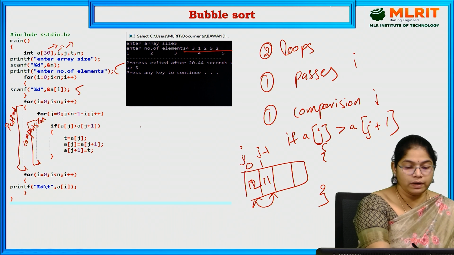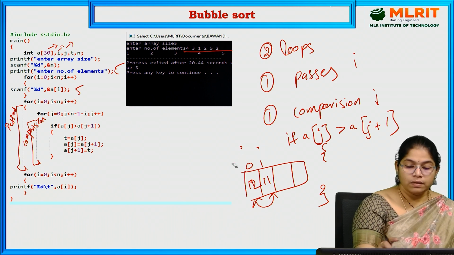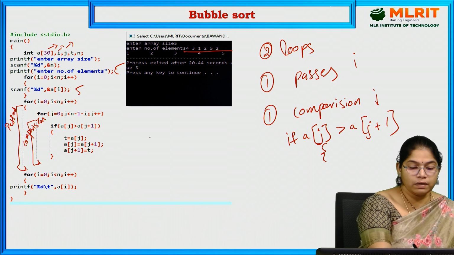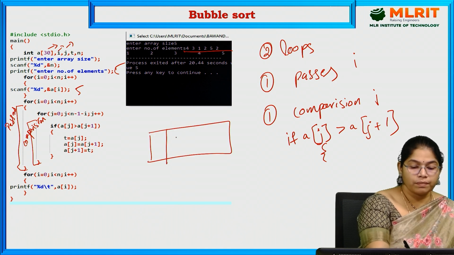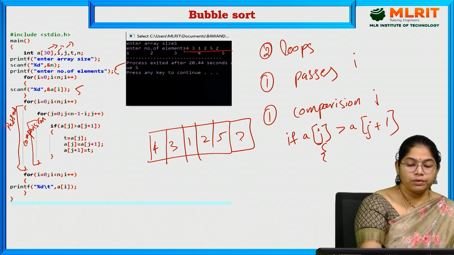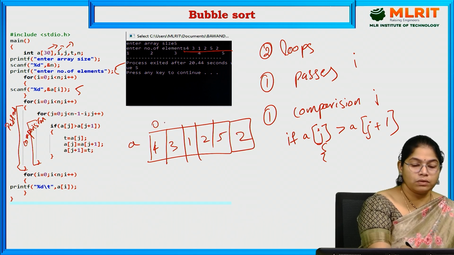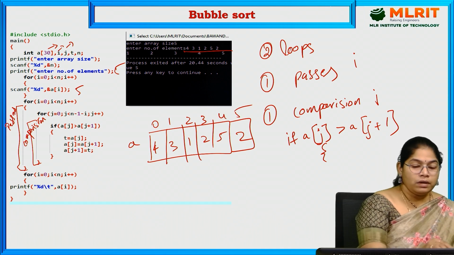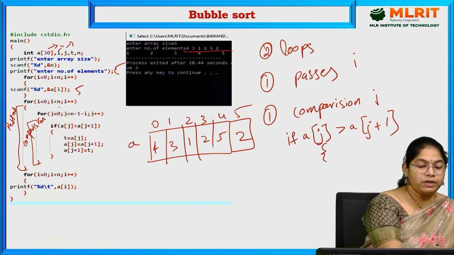And now here I consider the values of the array are 4, 3, 1, 2, 5, 2. Then this is A, with indices 0, 1, 2, 3, 4, 5. Now I equal to 0, I less than 5, condition is true.